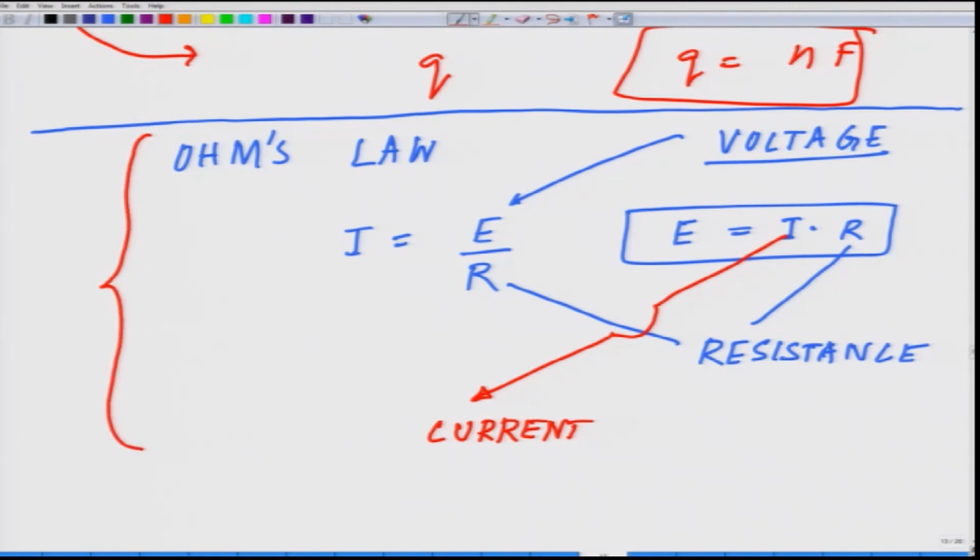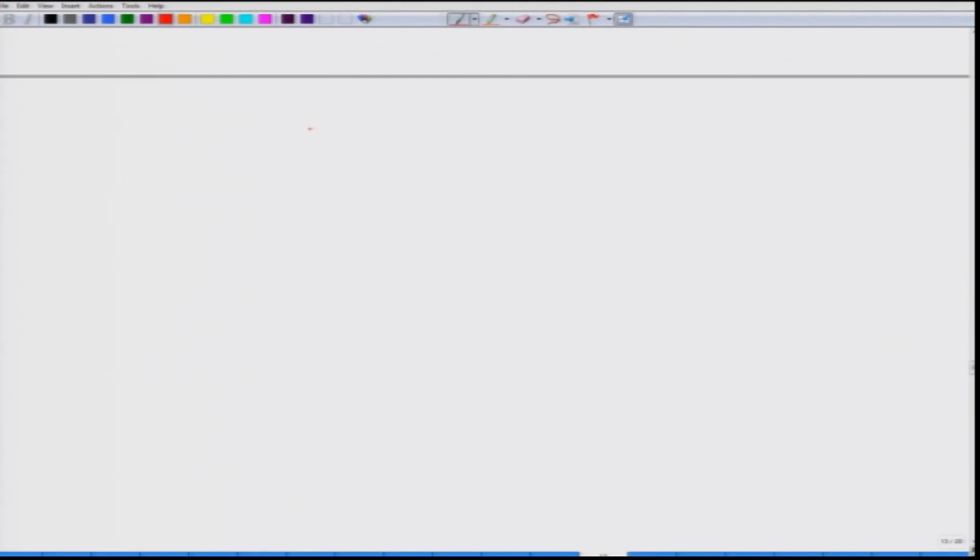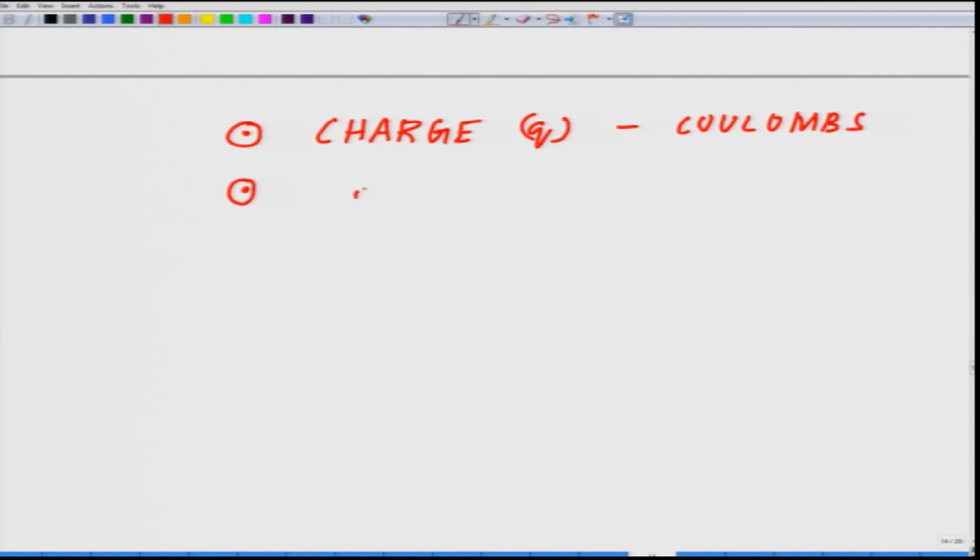Now, just a little recap of what we covered. We initially talked about charge Q in coulombs. Then we talked about the charge on a single electron.